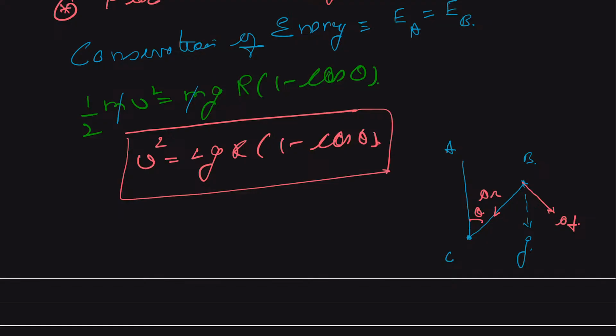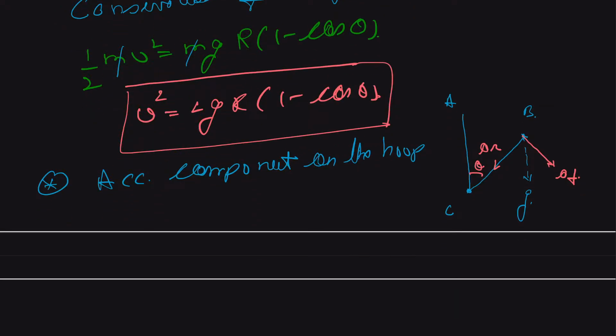The acceleration components on the hoop: the first part is the radial or centripetal acceleration, which is A of r, and this will be equal to v squared upon r.